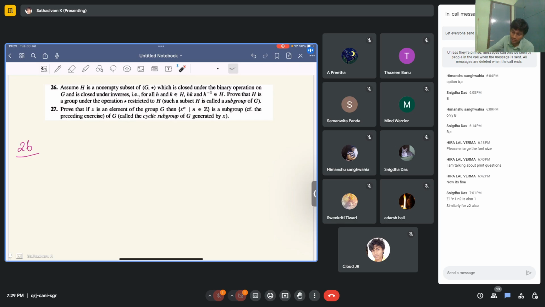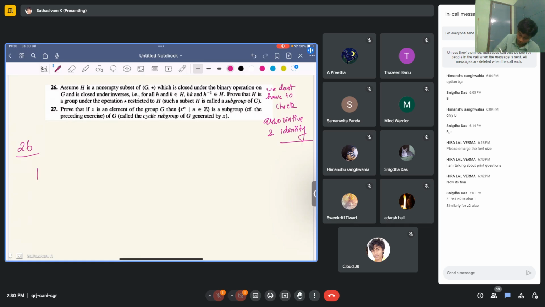What it tells us is, in order to prove that something is a subgroup, it is enough to prove that hk and h inverse belong to H. So in some sense we don't have to check associativity and identity. Okay, let's prove it here.